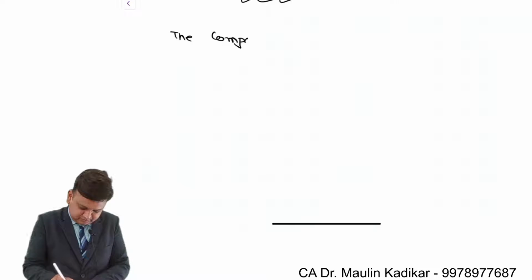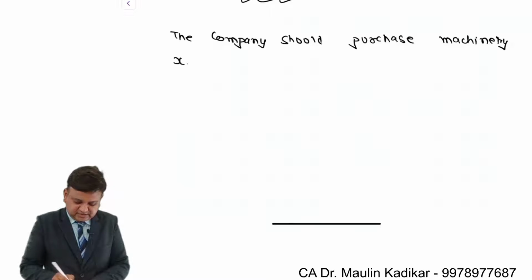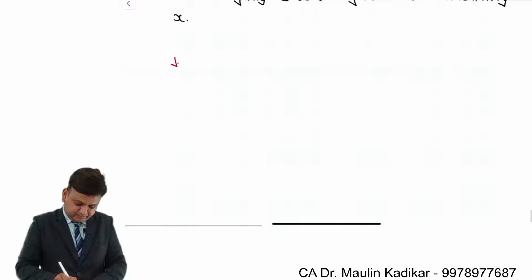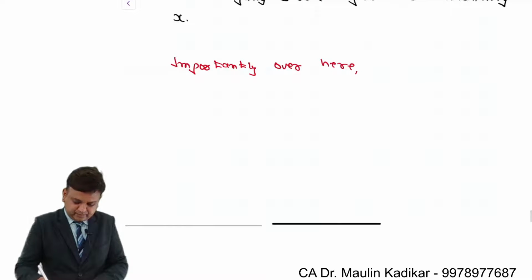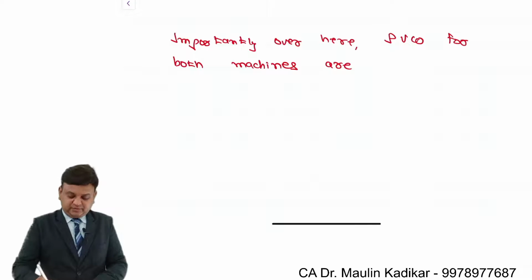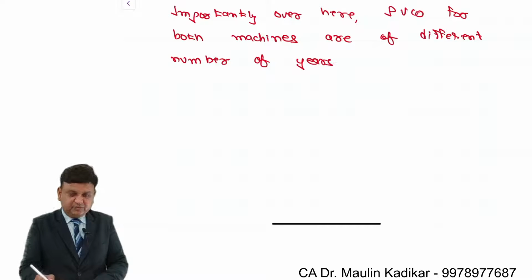Right down the answer: the company should purchase machinery X. Full stop. Write it in a paragraph. Importantly, the PVCO for both machines are of different number of years. Full stop.